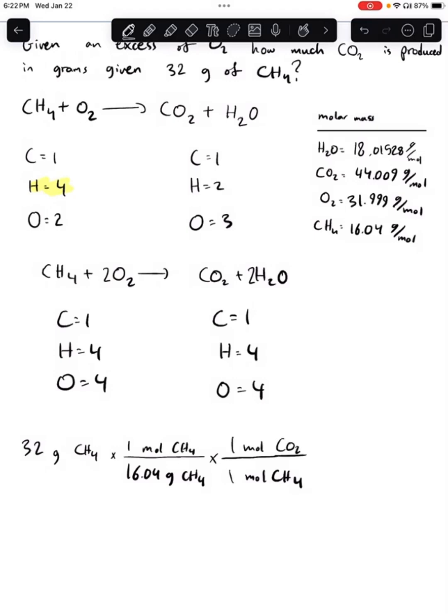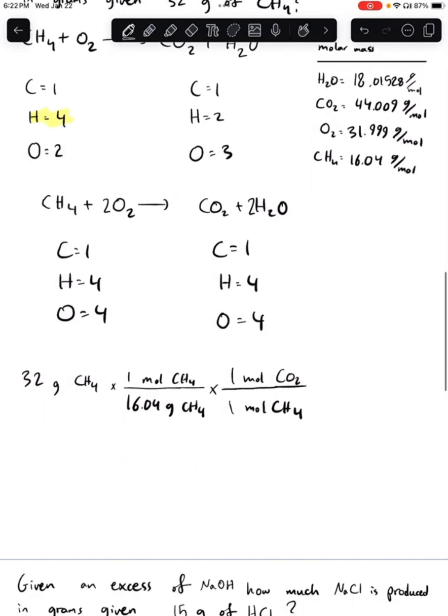Now you want to calculate the amount of carbon dioxide you produced in grams, and to do that, you use the molar mass of carbon dioxide. So for 1 mole, you get 44.009 grams.